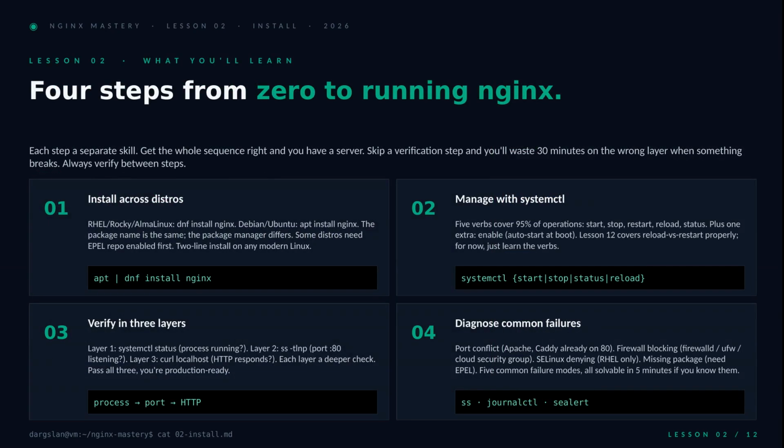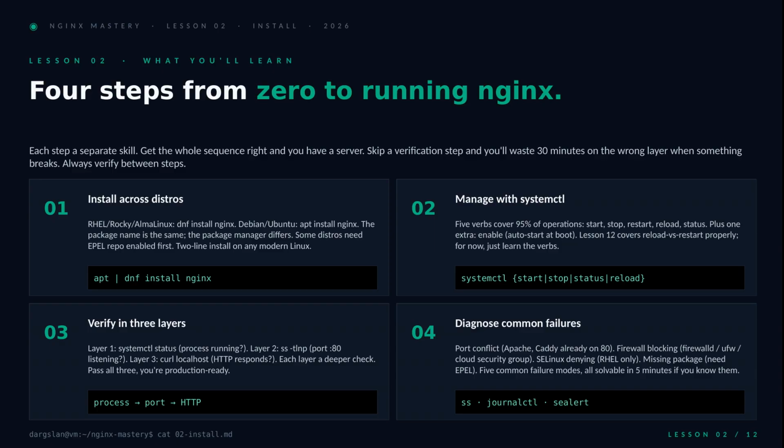Here's the shape of the lesson. 4 steps, each a distinct skill. Step 1. Install, where the package name is just Nginx on every modern distro. Only the package manager changes between DNF and apt, with EPEL needed on some RHEL family systems. Step 2. Manage the service through systemctl. 5 verbs handle nearly everything.